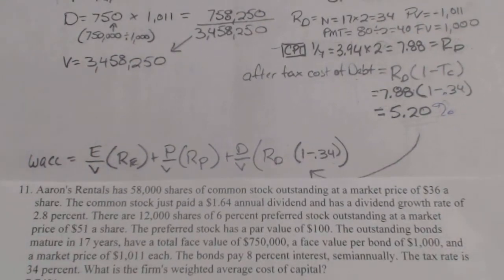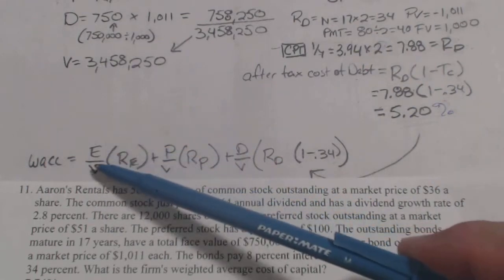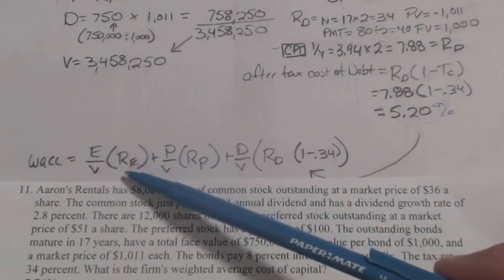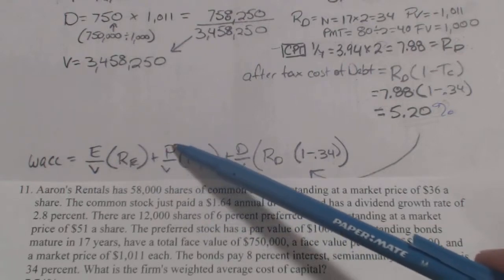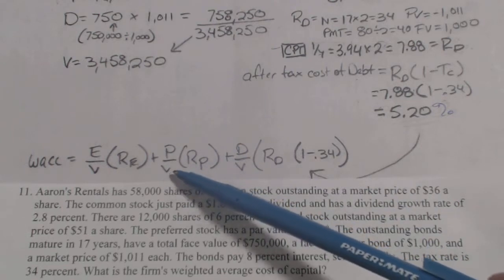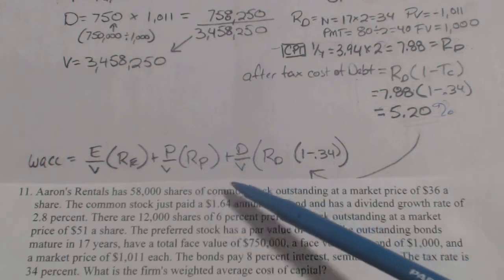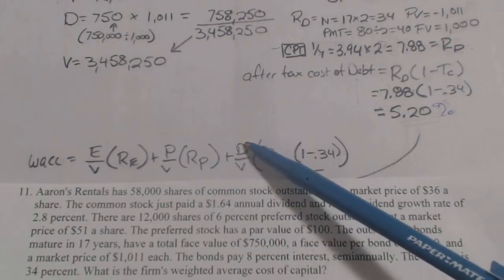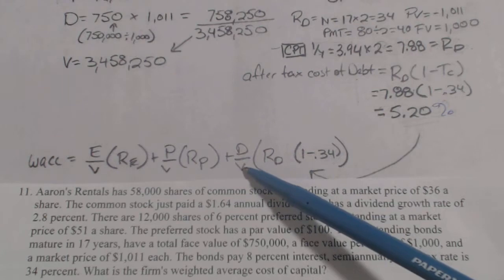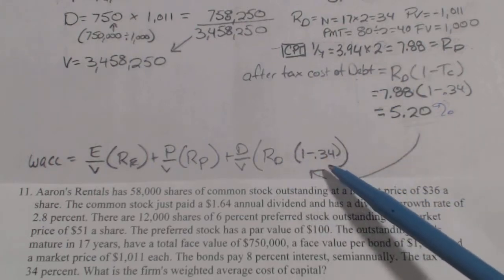Now the weighted average is just basically the weighted average. Remember, the formula is equity over value, the weight of equity, times the RE, plus preferred over the total value of the company, the weight of preferred, times the RP, plus the same with debt, the value of debt over the total value, the weight of debt, times RD, the cost of debt, times 1 minus the tax rate.